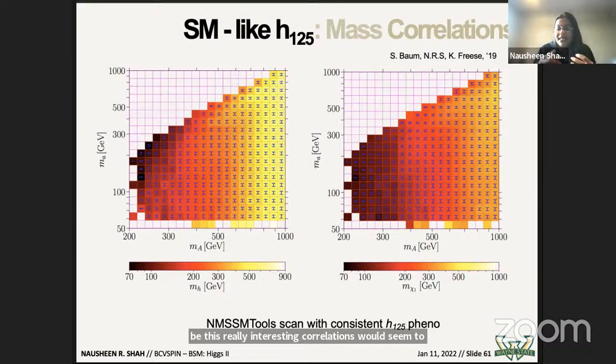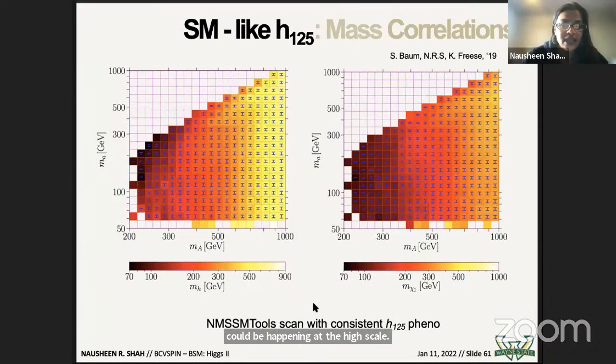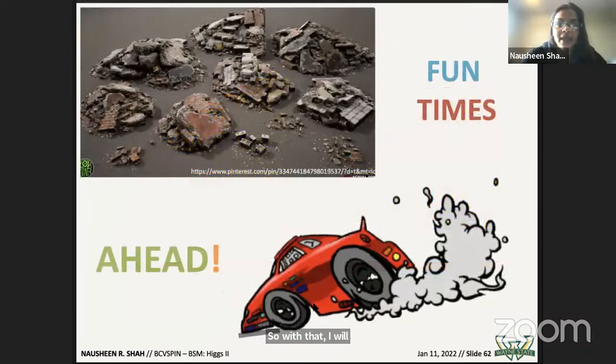That hints to me that maybe that is putting together the picture of what could be happening at the high scale. So with that, I will end the story, and I hope you all enjoyed that and have fun in the rest of the school. Thank you.